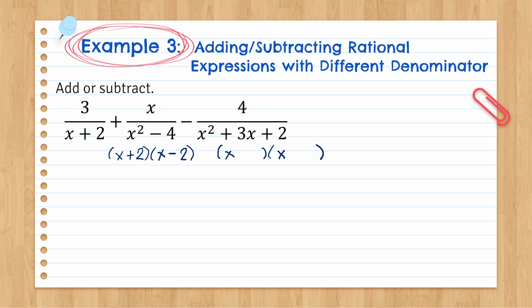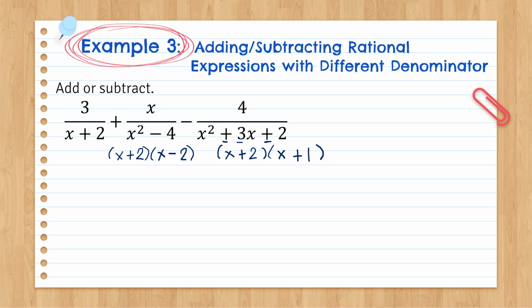And then we must find factors of 2 that when we add them, the answer is 3. And 2 is a prime number. It doesn't have any other factor other than 1 and itself. So we have 2 and 1 here. For the sign, the last term is positive and the middle term is positive. So we are going to apply two positive signs.